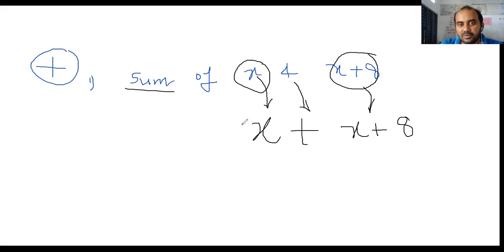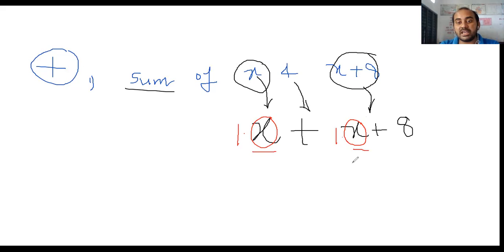I said already that if there is nothing before x, you have to consider it as 1. This one is called the coefficient of x, and this one is also called the coefficient of x. Here, when nothing else is there, you have to consider it the coefficient of x. This x is called the unknown. When the unknown is equal, here also x and here also x, at that time you have to consider that your unknown term x is equal.